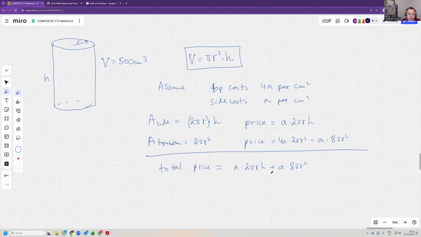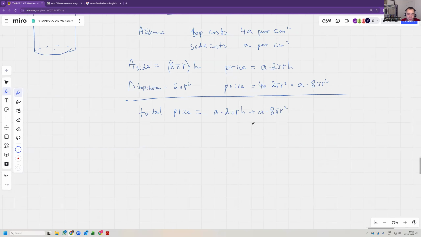Now, since we know the volume is 500, we can write that pi r squared h is 500. That means h is 500 divided by pi r squared. And we can substitute that into here. So total price, let's call it P, is a multiplied by 2 pi r multiplied by 500 divided by pi r squared.